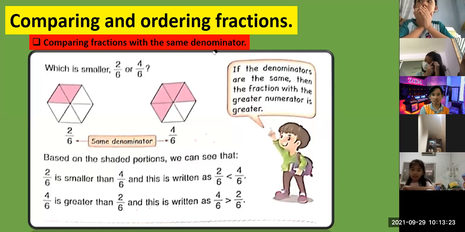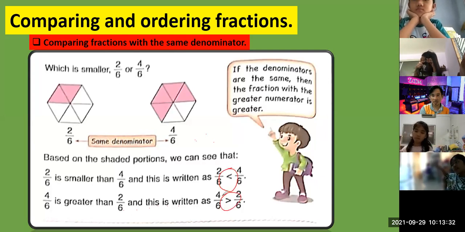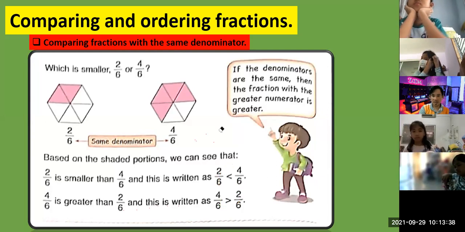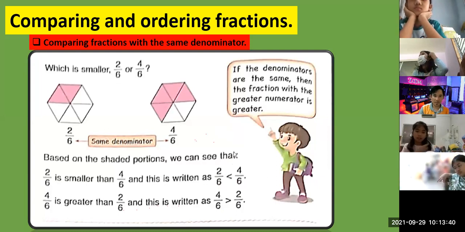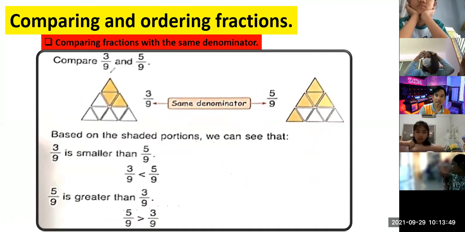So when you write your answer, you have to do it like this. Use this symbol for smaller than and use this symbol for greater than. Okay, greater than. Next slide. You will see in your book that they have the same denominator, 9 and 9.